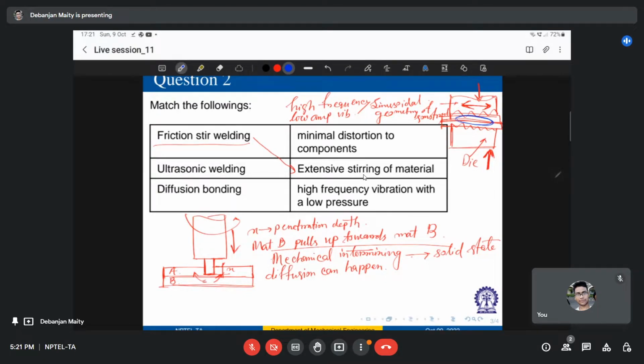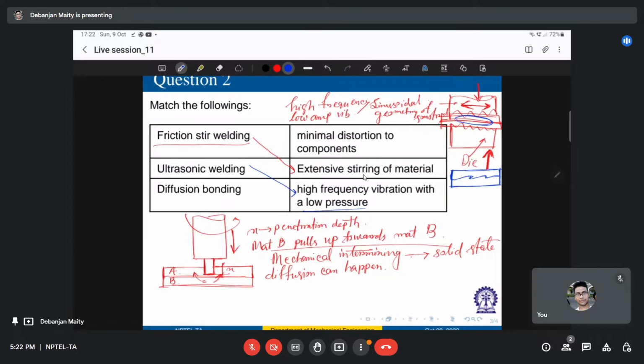Because of the shear deformation, if you see in SEM or scanning electron microscope, basically you can see the material flow pattern like this. There can be some kind of mechanical interlocking over the interface, right? So in ultrasonic welding, this is matching with a high frequency vibration with a low pressure.